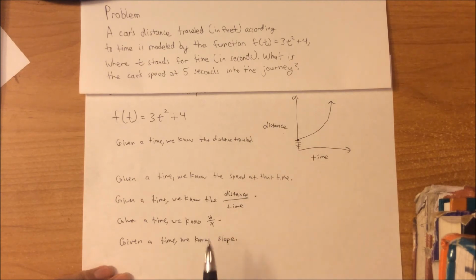If you remember, in the beginning of this example I reminded you guys that the derivative at a point is really the slope at that point. So when you find the derivative at a given time, you're really finding the slope at that time, which is really the speed at that time. And that's why when you take the derivative at a certain time, you find the speed at that time.